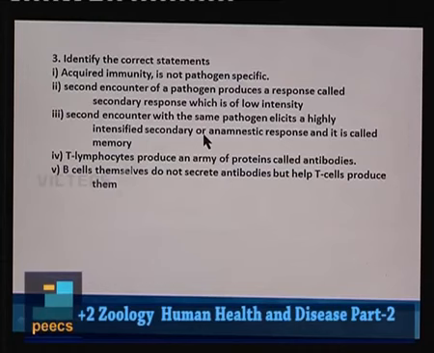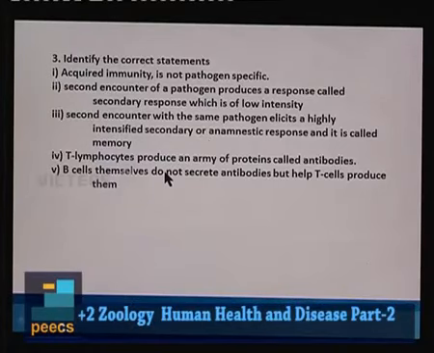This is a wrong statement because actually T cells are not capable of producing antibodies. Actually B cells can produce antibodies. So, if you are going to correct this sentence, it will be like this: T cells themselves do not secrete antibodies, but help the B cells to produce them.